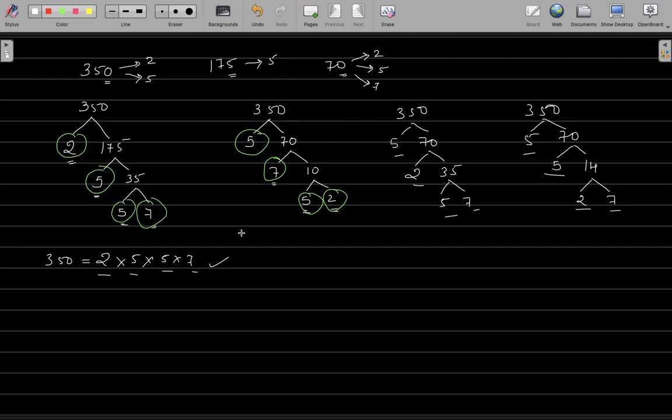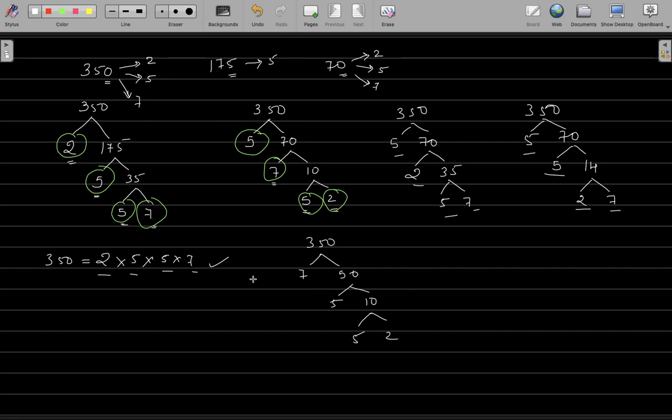You understand? There is another number that I told you, the 7. 7 times 50 will give you 350, isn't it? I can write it as, if I start with 7, 7 times 50 is 350. Now here again 5 times 10 is 50. 10 is again 5 times 2, which is the same number again.